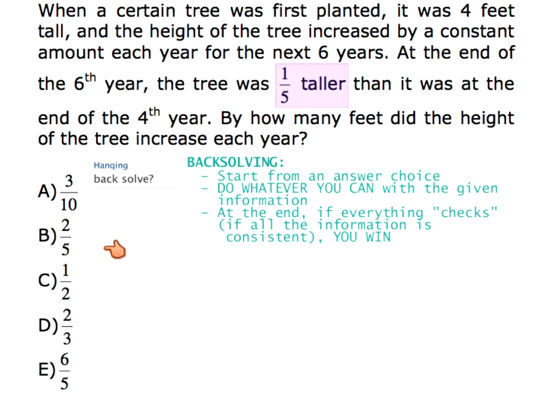You don't have that as a choice, so that's not what it means. Can anybody tell me what this means? No matter how you do this problem, you have to interpret the statements in the prompt correctly. Can anybody tell me what 1/5 taller is? It's not 1/5 of a foot. What is it?